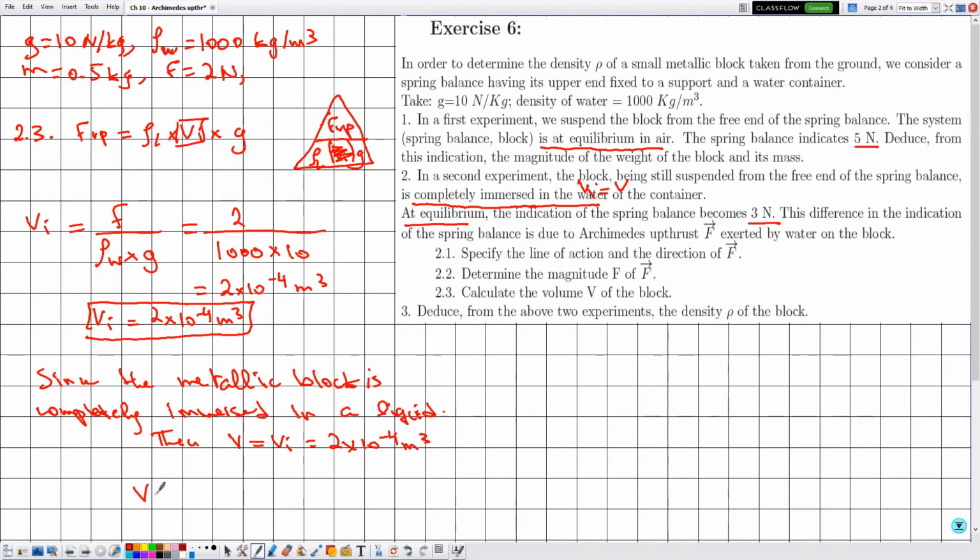Then the volume of this metallic block is 2 times 10 to the power minus 4 meter cube.